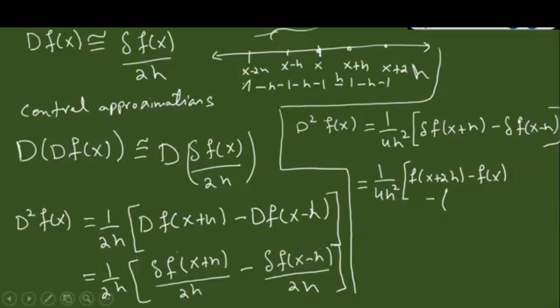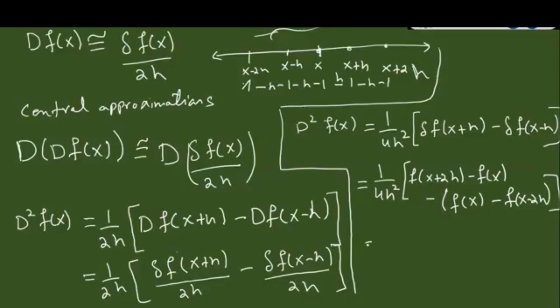Now I want to apply the central difference on this quantity. So I have to look at x minus h, this term here, and this node is centered by these two nodes. So the forward node is x plus h. So I have to compute f of x minus f of x minus 2h, bracket close.